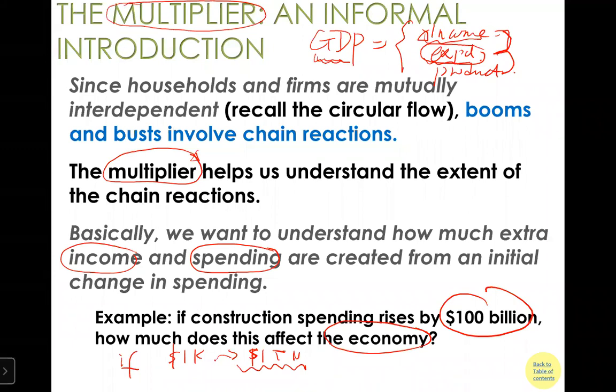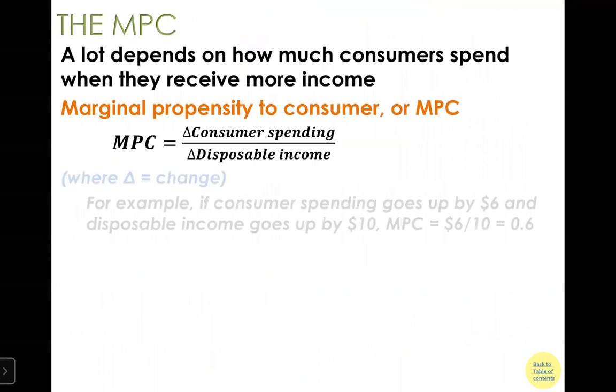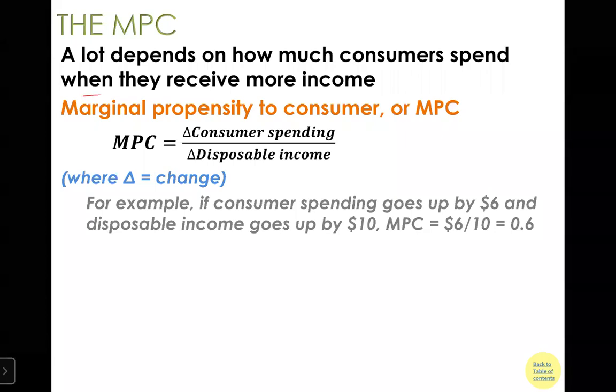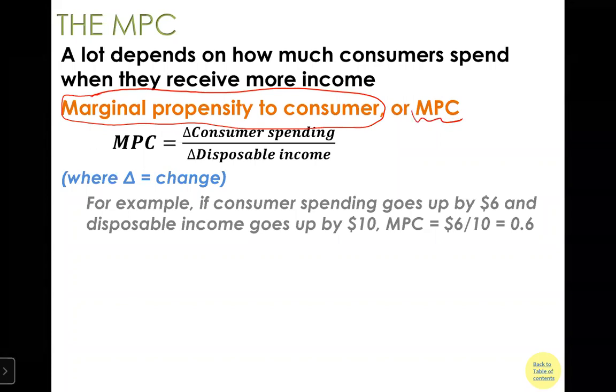All right, now let's see how that works. First of all, the multiplier. In order to understand the multiplier, we need to understand an intermediate concept called marginal propensity to consume, or MPC. This MPC measures your propensity to consume if you have a 1 unit increase in disposable income.